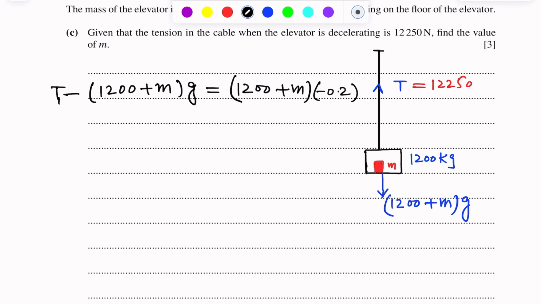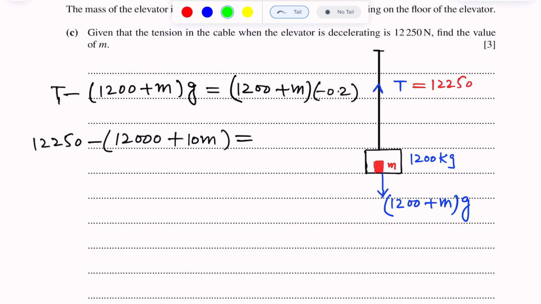Now putting the values of tension and the value of g, we get 12250 minus, now we multiply g by these two terms, 12,000 plus 10m. g is 10, acceleration due to gravity, is equal to, now this minus 0.2 will be multiplied by these two terms, we get minus 240 minus 0.2m.